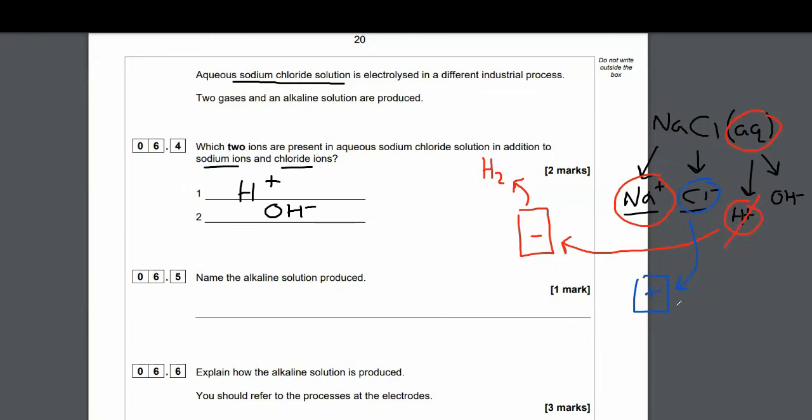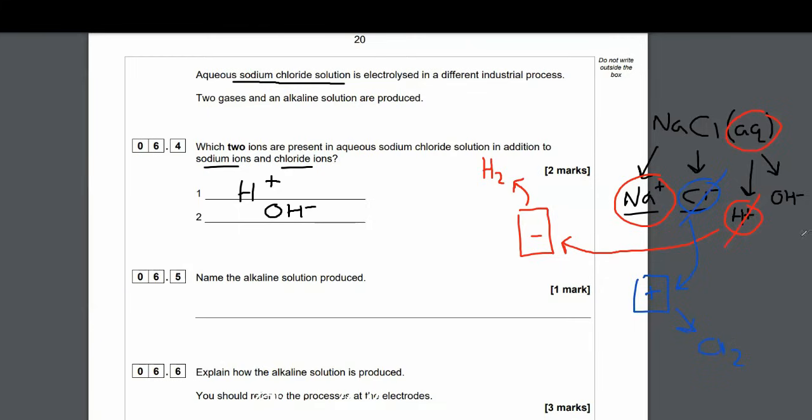So if you have chloride, bromide, iodide, anything like that in the solution, they will always go there, and the OH will be left behind. So we can cross out the chlorine as well. The chloride ions have gone. They formed chlorine gas when they were discharged.